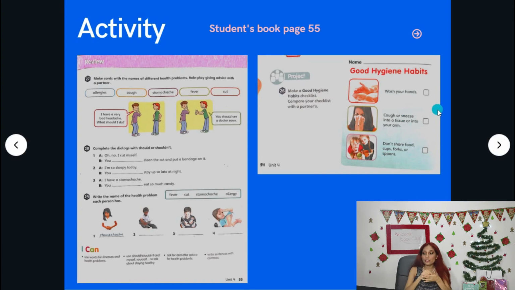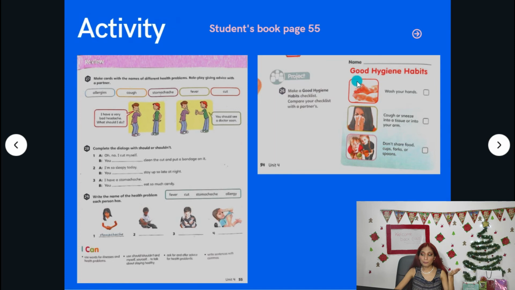And you're going to check: okay, I do this, check. I don't do this, no check. Vamos a hacer uno parecido a este, pero con otros hábitos. No pueden ser estos que ya están aquí.